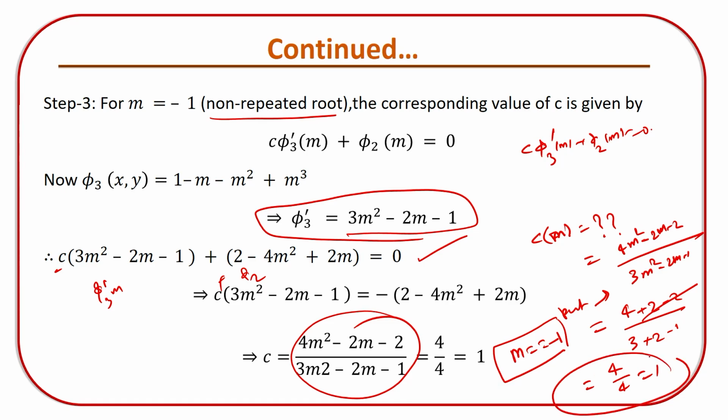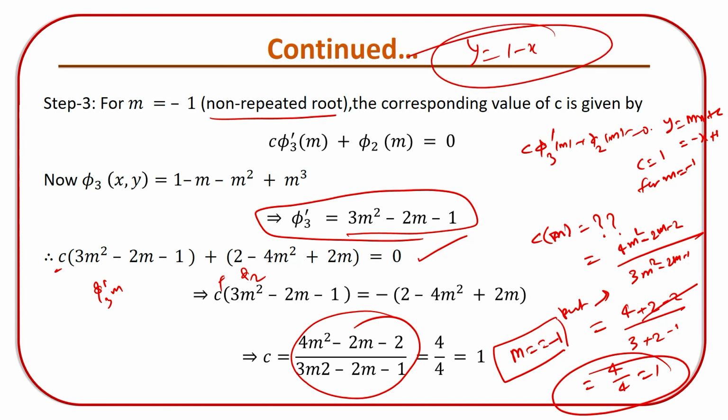So, we obtained c equal to 1 for m equal to minus 1. So, y equal to mx plus c becomes minus x plus 1. That means y equal to 1 minus x is one of the oblique asymptotes for this function.